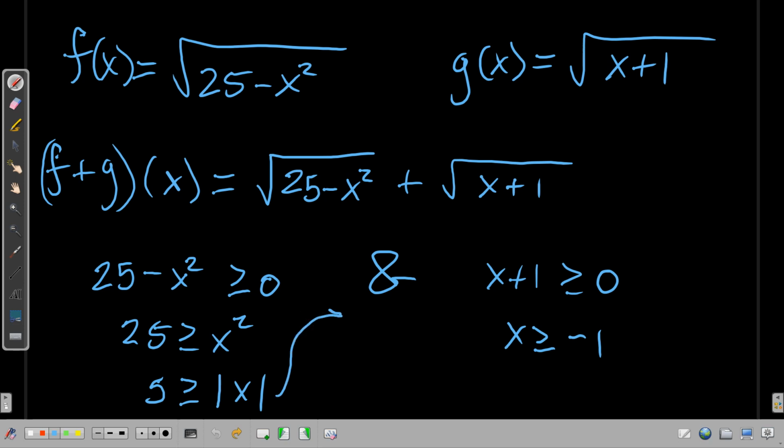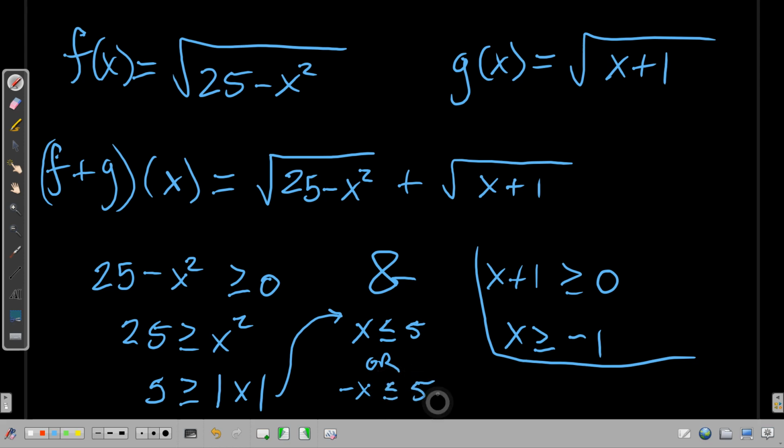Well, that would yield for you two equations, that x is less than or equal to 5, or minus x is less than or equal to 5. And then this second equation would give you that x is bigger than or equal to minus 5. And this is what we expected.